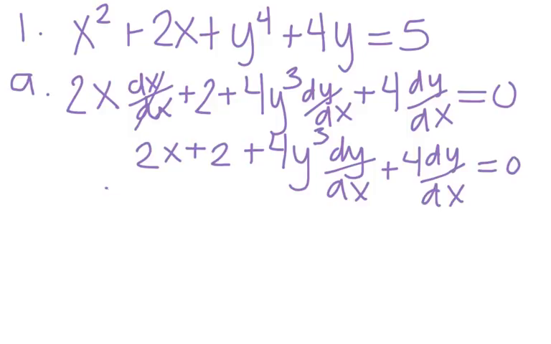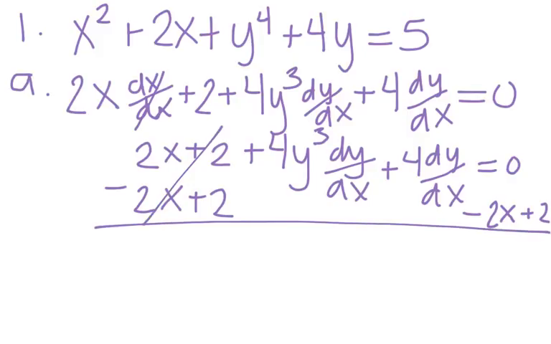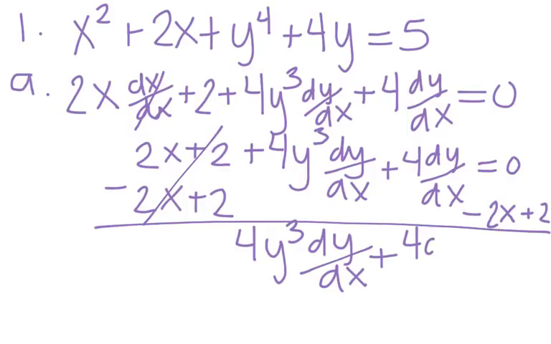And then we subtract this, 2x plus 2, in order to get dy dx by itself. That cancels, so we have 4y to the third dy dx plus 4 dy dx equals negative 2x plus 2.